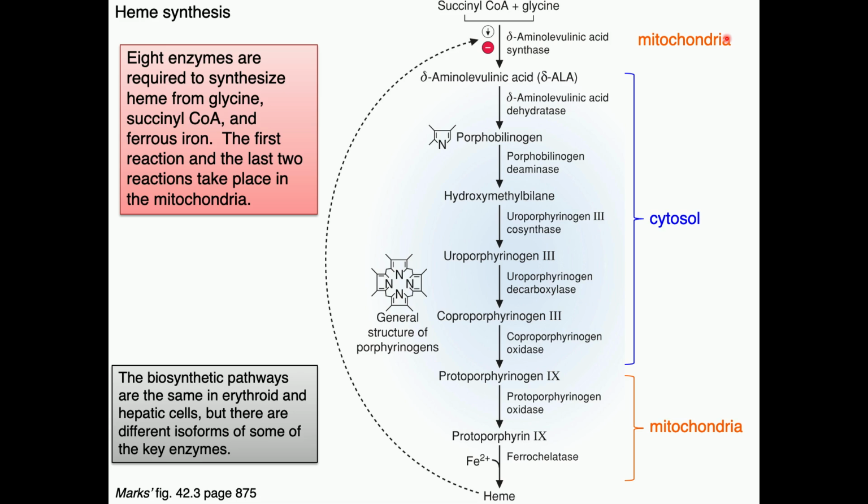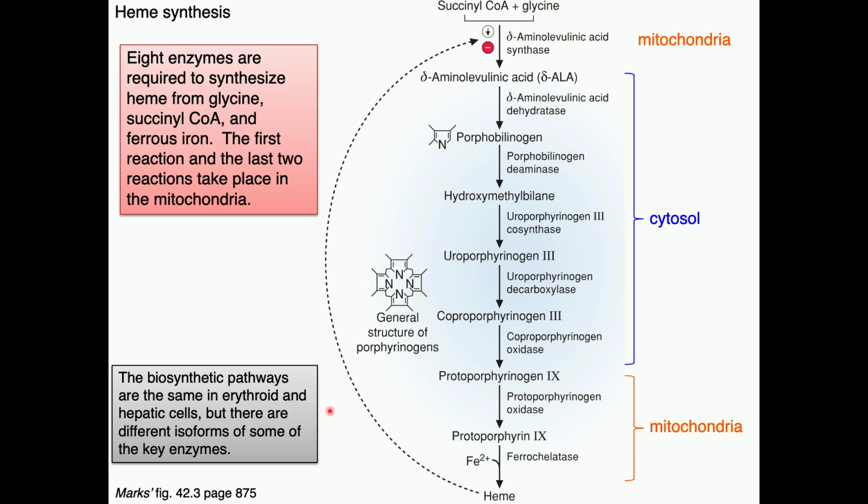So there are these transport processes for the intermediates to go into and out of the mitochondria. As I mentioned in the previous slide, the main sites of heme synthesis are in erythroid precursors and in the liver.